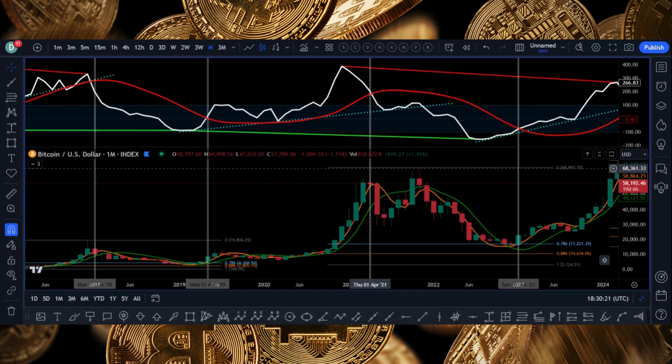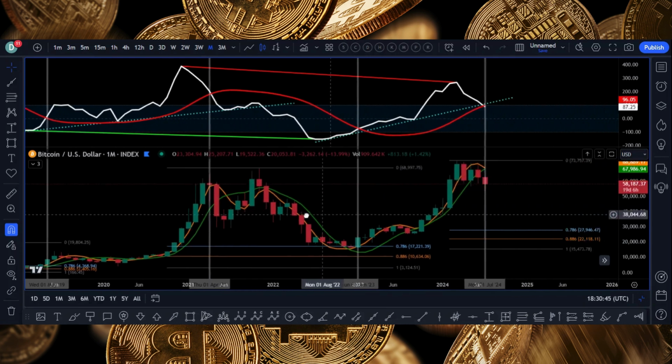So we had that there, and then we had continued pressure from China and their restrictions on mining and trading of Bitcoin, and just the euphoric rise right here that led to the sell-off. So that's what happened right there at that point.